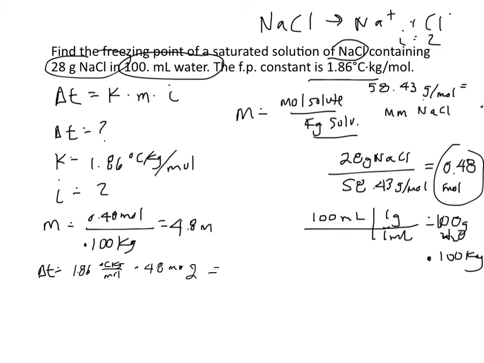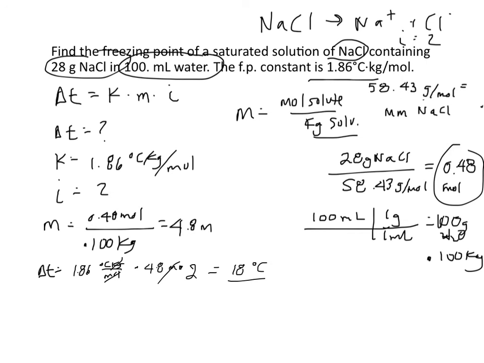So 1.86 times 4.8 times 2 is going to give us 18 degrees C. Remember, molality is moles per kilogram, so moles and kilograms cancel here, and degrees C is left over. So this is what our change in our freezing point is going to be.